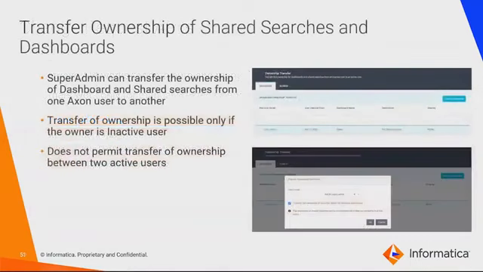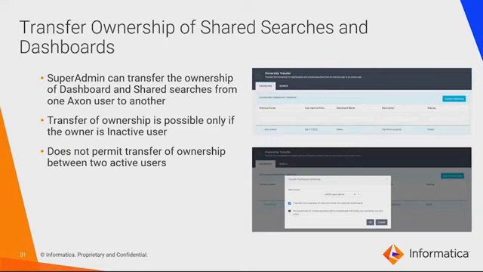Now let's discuss the transfer of ownership. This is when the user is inactive and he owns some of the saved searches or even the dashboards, that can be transferred to the existing users which are active in the system. So in the admin panel, you can see the option as ownership under the operational management, ownership transfer.